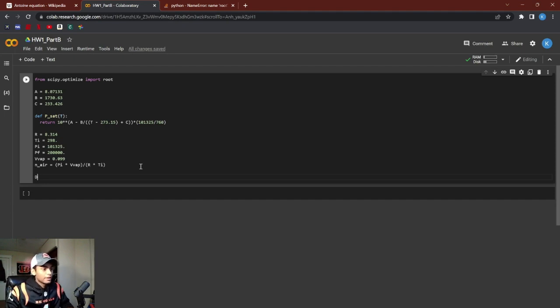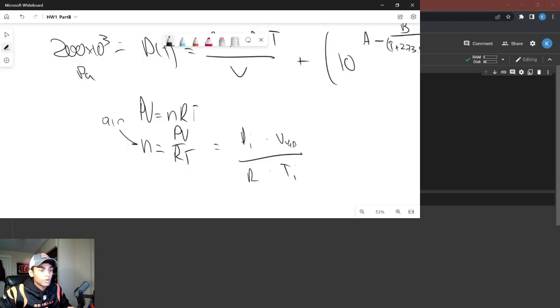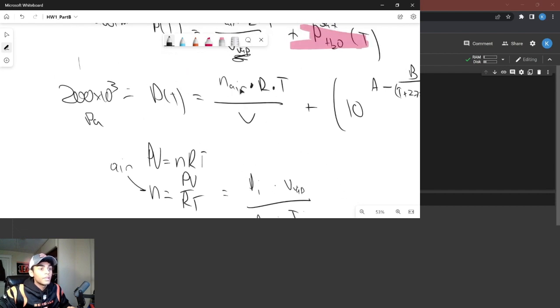So let's define a new function called P air with a variable T. And this is going to be returning a value of, let's take a look actually, to jog our memory, it's going to be nRT over V, right?